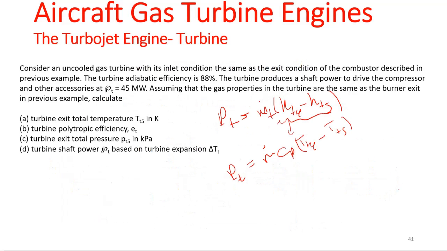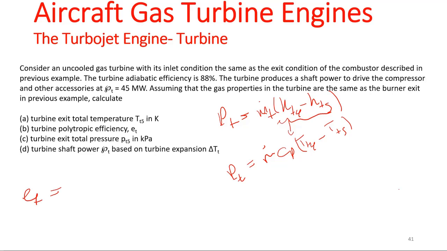And tell me what kind of E of t you will get. TT4 was 1390. 0.814. That's it. Yeah. So let me write the equation again.